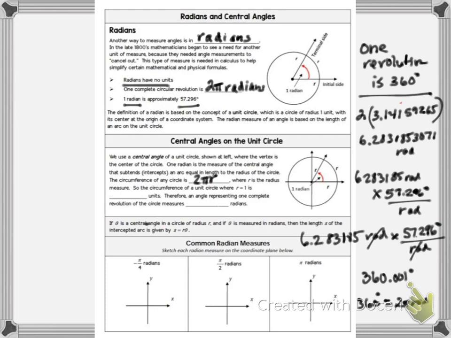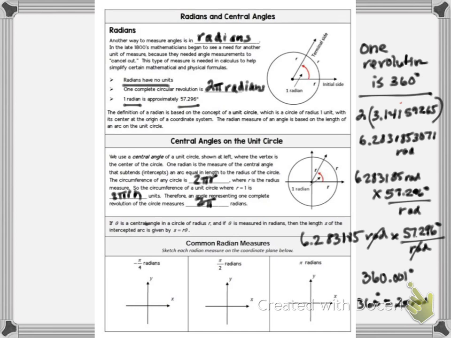So the circumference of a unit circle where r equals 1 is 2 pi times 1. Therefore, an angle representing 1 complete revolution of the circle measures 2 pi. If that sounds confusing, don't worry about it, because all you need to know is 1 revolution is 360 degrees, which is equivalent to 2 pi radians.